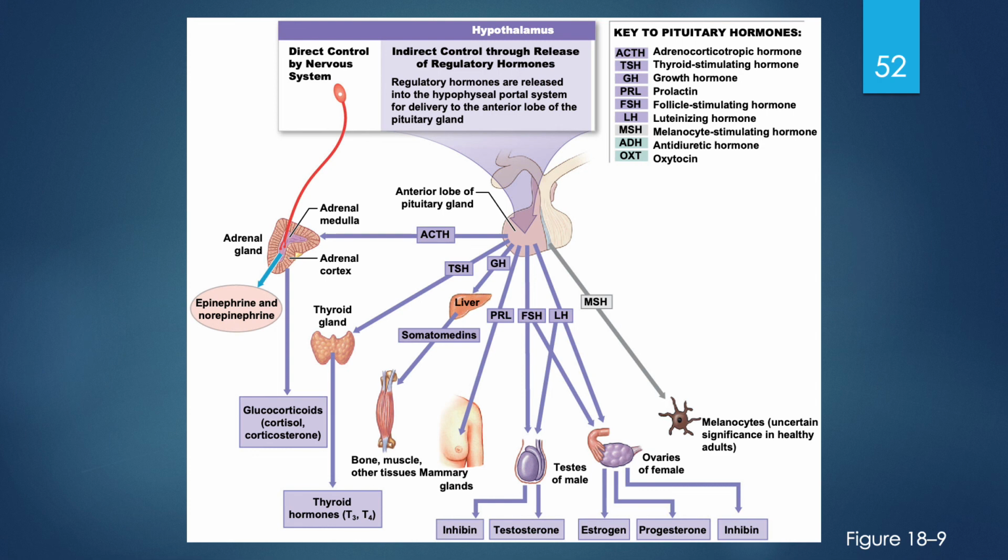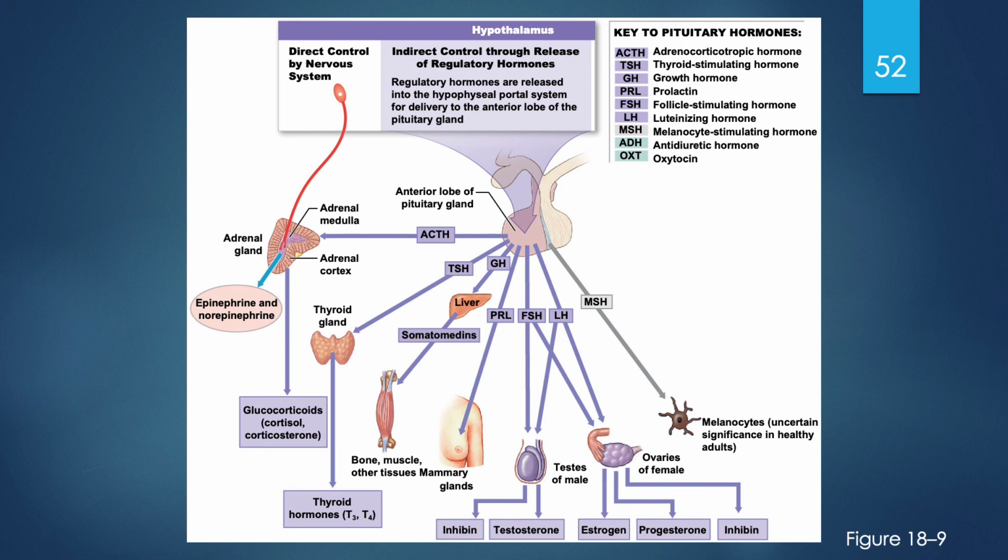But something to note here, by the way, is that remember that we have direct control by the nervous system to the adrenal medulla to release the products epinephrine and norepinephrine because of their incredible utility in crisis situations. However, the adrenal cortex will produce things like cortisol and corticosterone, and these are glucocorticoids.